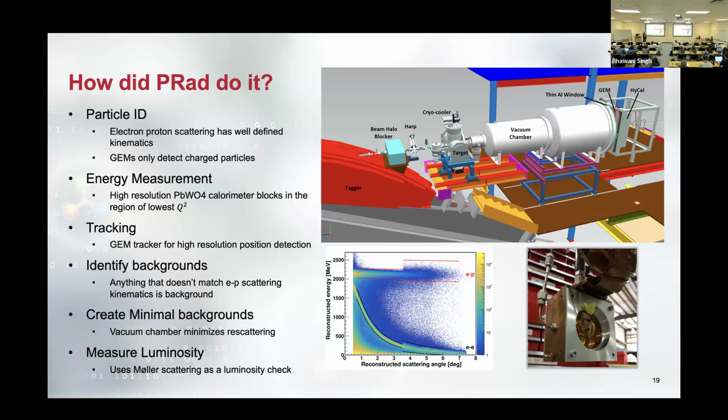It then creates light, and that light creates a shower that's picked up by photomultiplier tubes, converted into an electrical signal, and off to your computer for analysis. So we have two different types. We have lead tungstate, PbWO4, in the most central region, so the very, very small angles, because we're wanting to get to low Q squared. Small angles is where low Q squared is at. We want our most precise measurements there.